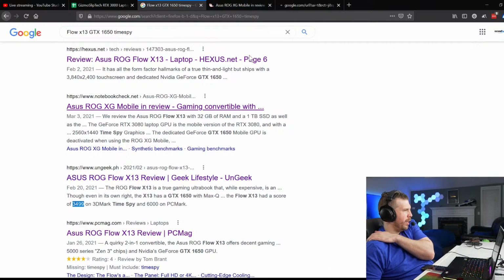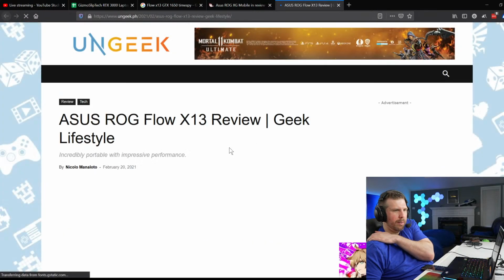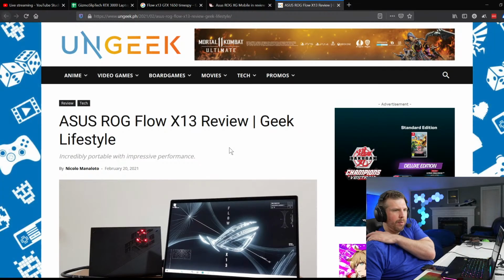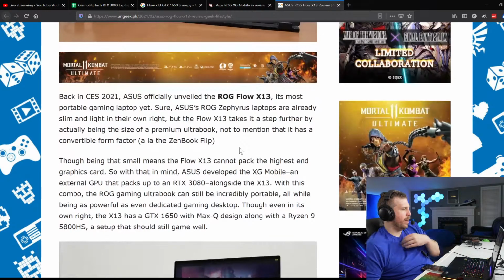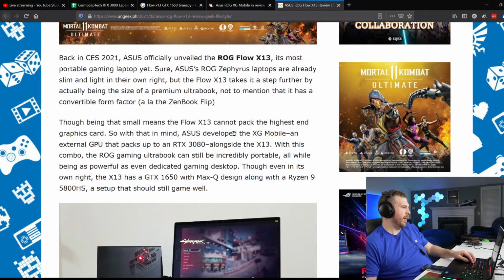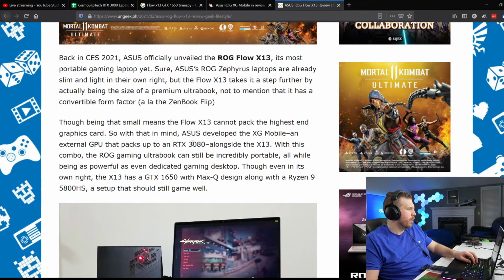Ooh, 34.90. That sounds about right. 34.99. Okay. All right. Can Ryzen laptops be connected to an eGPU in the future? They don't have Thunderbolt. Only seen the Flow X13 having eGPU support. Very limited external GPU support for sure.